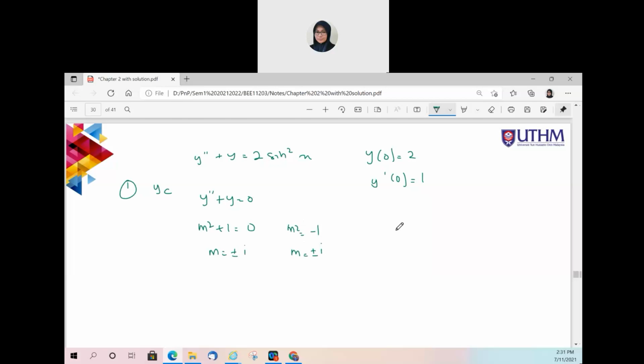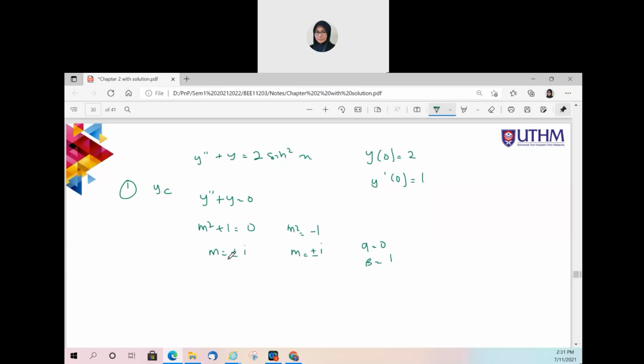So this is case 1, case 2 or case 3? Case 3, because you have a complex conjugate here, where alpha equals 0 and beta equals 1.